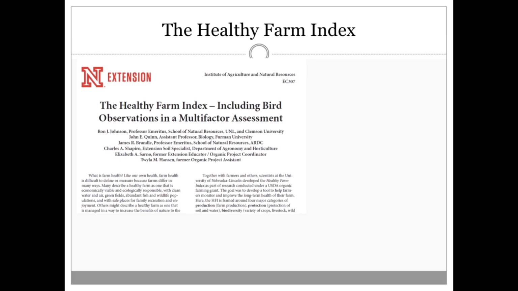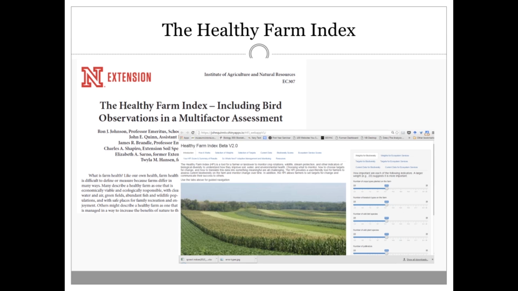It is focused in some respects on Midwestern systems, but we've designed it to be flexible for whatever agricultural system you're working within. What I want to talk about today is our web version of that, which follows a similar structure as the NEB guide, but is a little bit more dynamic in how a farmer or planner or land use manager could interact with it.